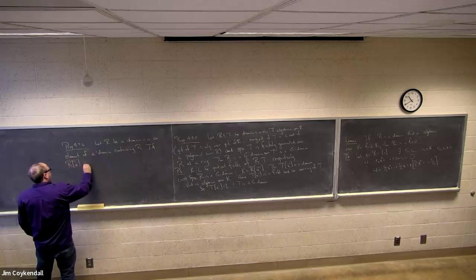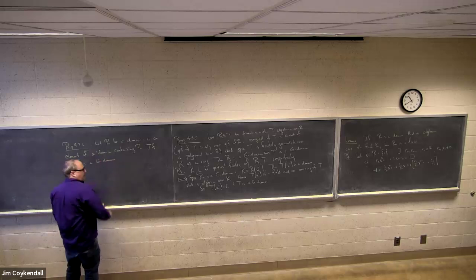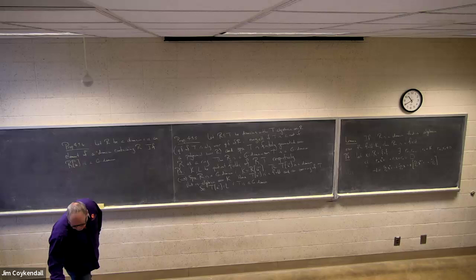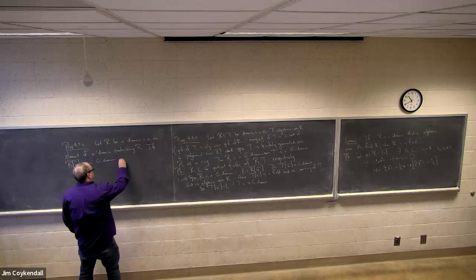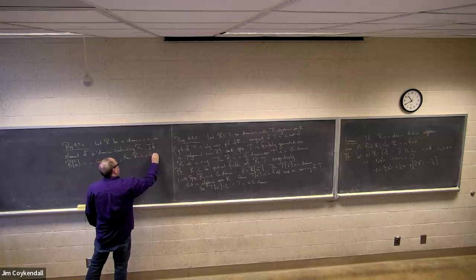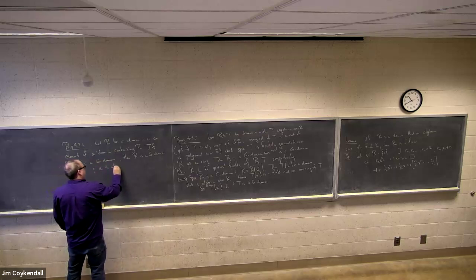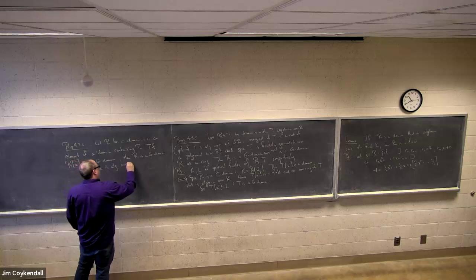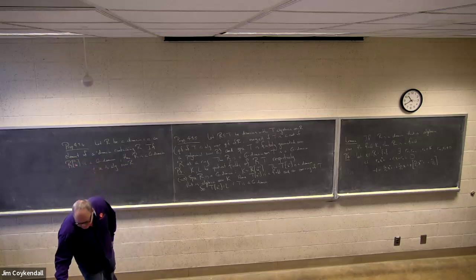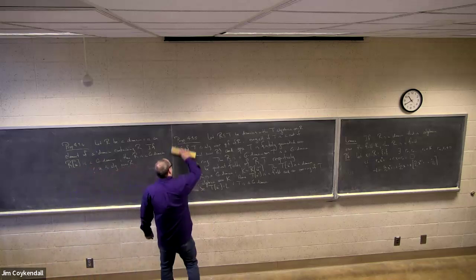If R[U] is a G-domain, then so is R, and U is algebraic over R. So I'm going to leave this one as an exercise, see if you can prove that.